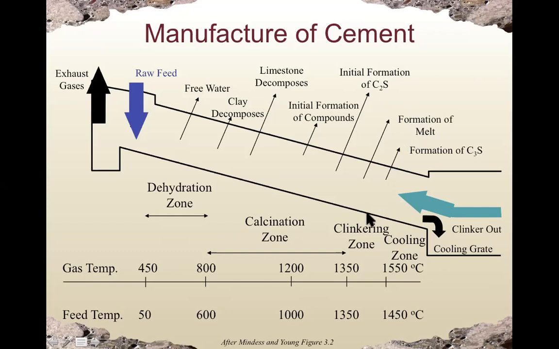Also, in the clinkering zone, we have formation of melt, which is actually a mixture of two other compounds, C3A and C4AF. And C3S is another major compound. And then we have the cooling zone, so the clinker will come out from the lower end of the kiln.